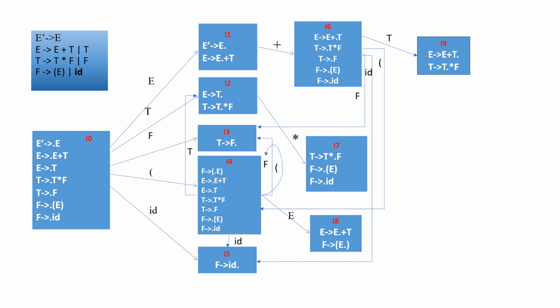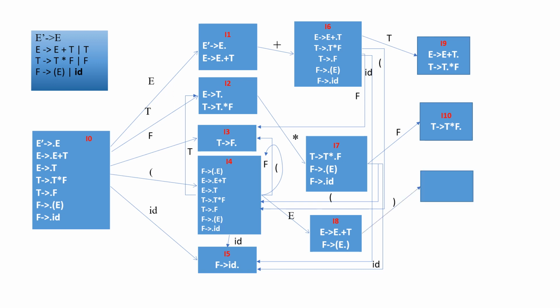On seeing ID, same, I5. Okay. Next from I7. On seeing F, it becomes final item. Next for open bracket, I4. Next for ID, I5.